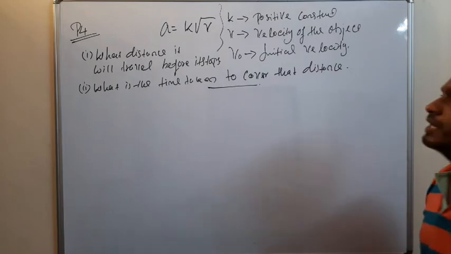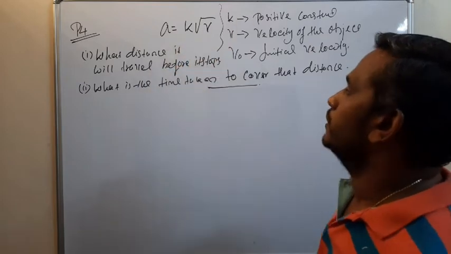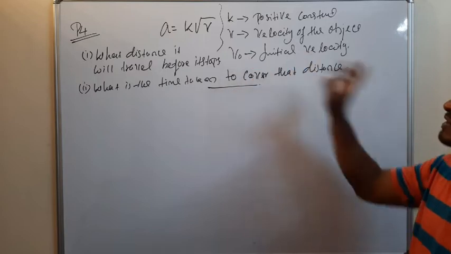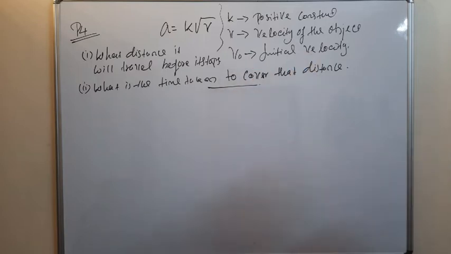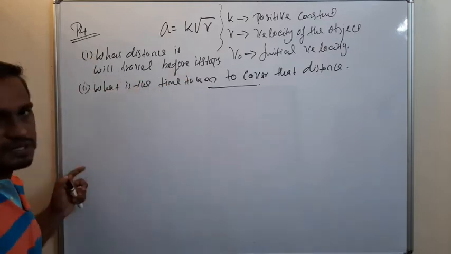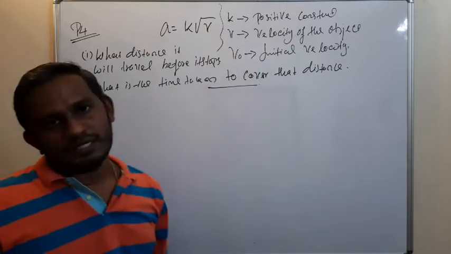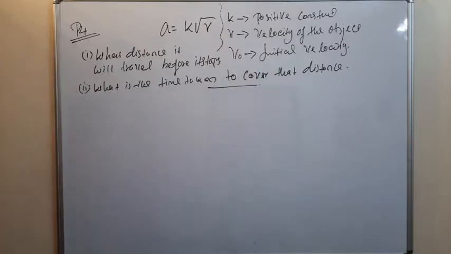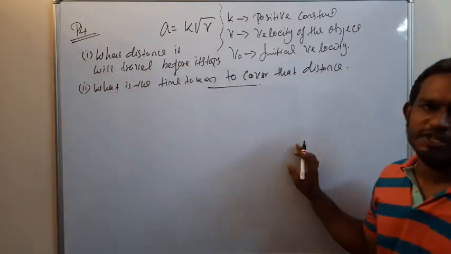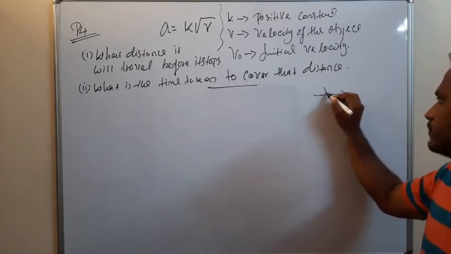An object is moving rectilinearly with deceleration given as a is equal to k root v, where k is a positive constant, v is the velocity of the object, and v0 is the initial velocity. We have to find what distance it will travel before it stops. Then what is the time taken to cover that distance? The distance it travels before it stops: suppose the object is moving with velocity v.